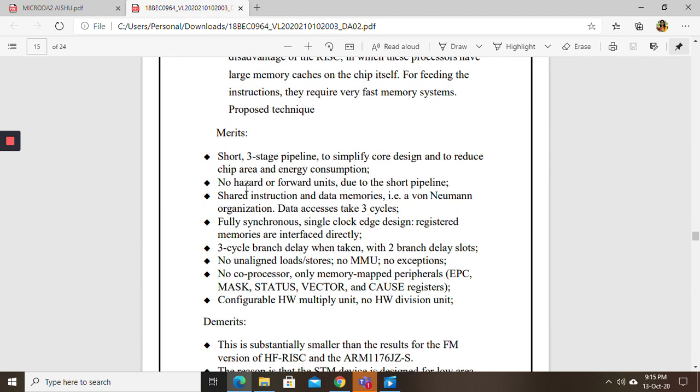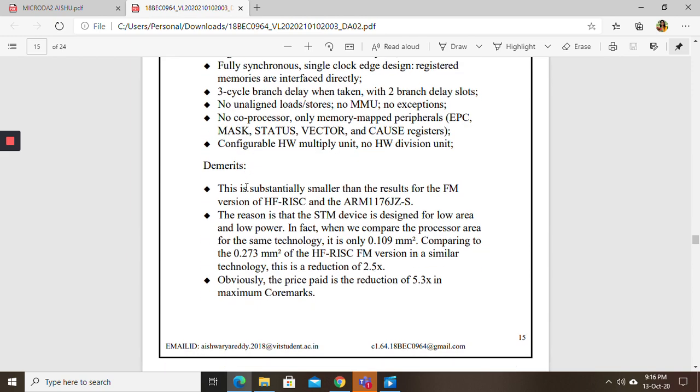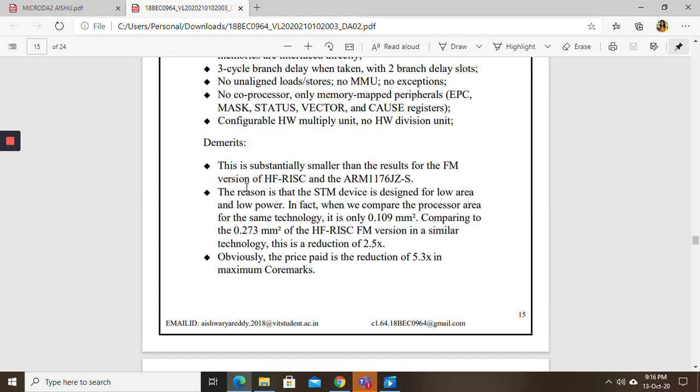Merits: short 3-stage pipeline, no hazards, fully synchronous, 3-cycle branch delay when taken, no unaligned loads, no coprocessor, configurable hardware multiply unit. Demerit: the reason is that the device is designed for low area and low power.